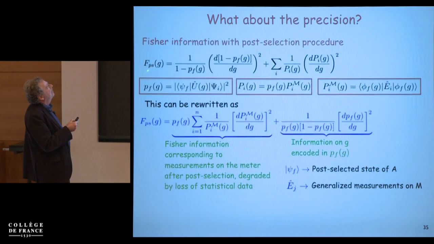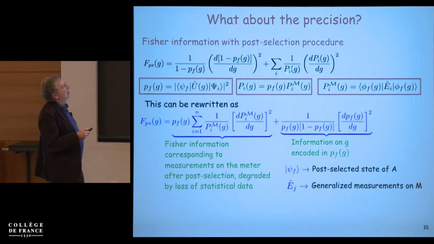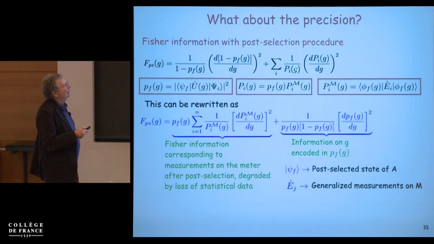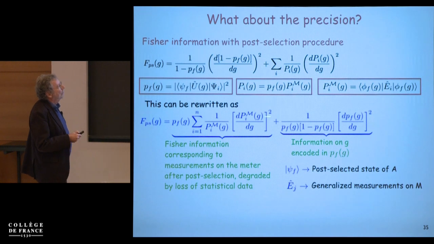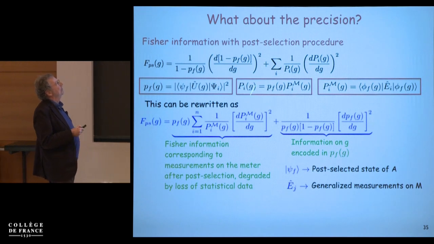So this is the post-selection Fisher information. Okay. This is when I don't get the post-selected state. This is when I get the post-selected state. And now it's a simple algebra to go from this expression to this one, which for us is much more interesting. In fact, you just replace pi by this, you calculate the derivatives, and you find this.